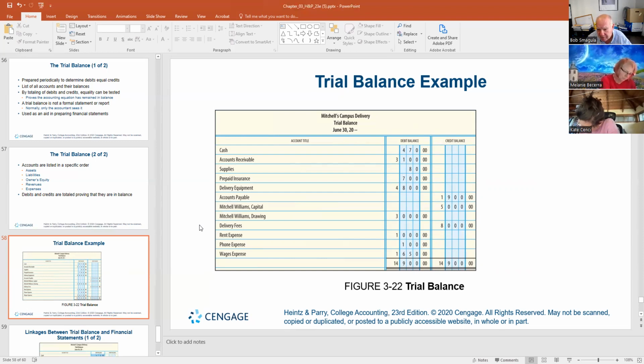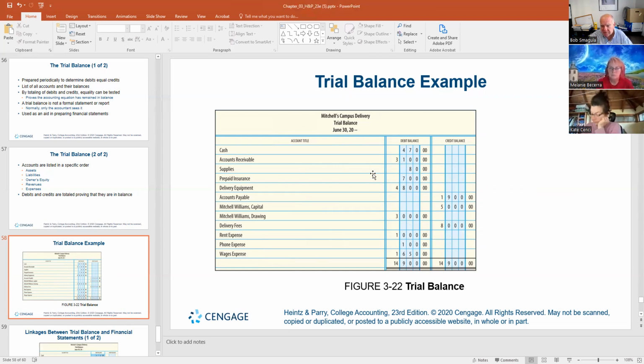So armed with that, we can start to put this income statement together. So let's see what we have here. Delivery fees are $8,000, right? Those are our revenues.